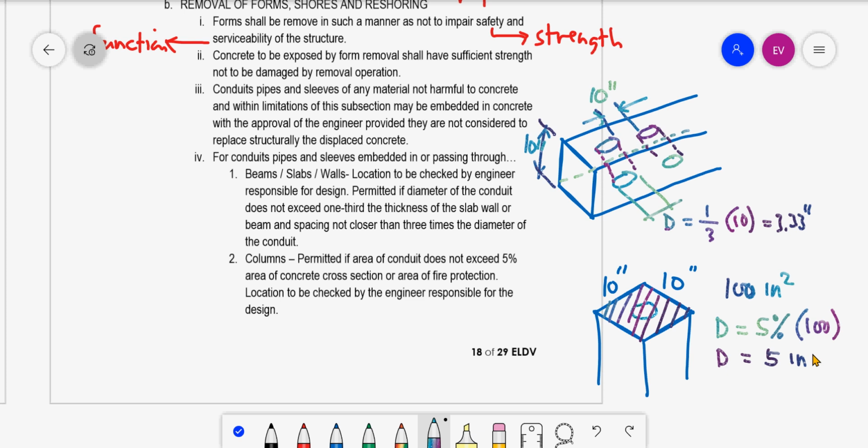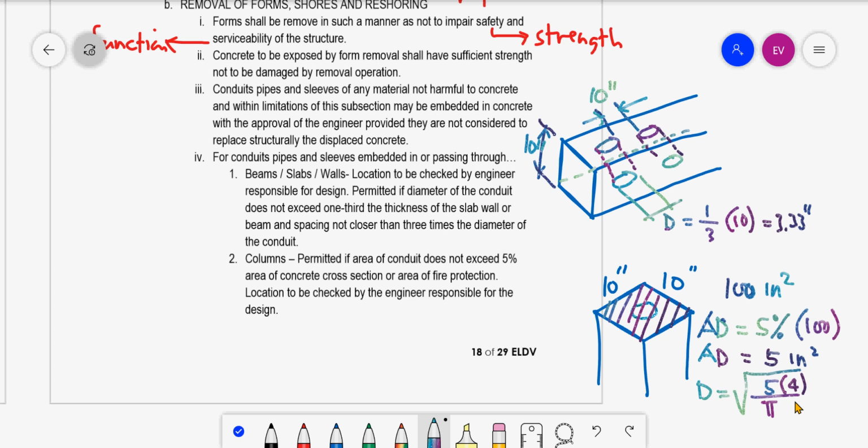So this is now the area of the conduit. If you want to get the diameter, we simply make use of the formula for the area of a circle, which gives d equal to the square root of 5 square inches divided by pi, and then multiplied by 4.